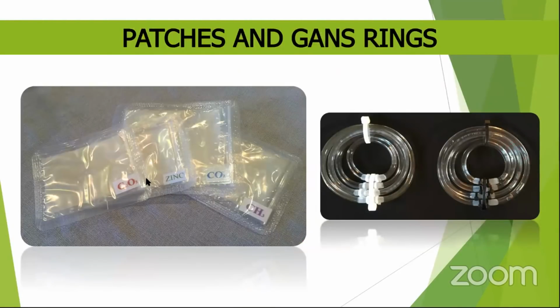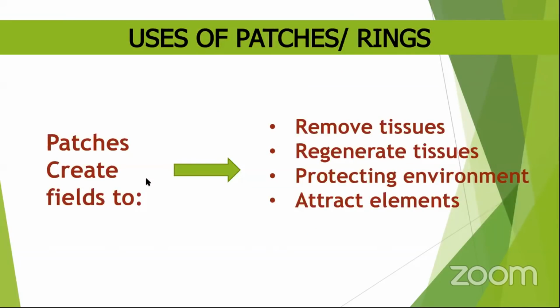Another thing: once you make those patches, you can use them as patches or in rings, and you will use them in different conditions. Let me give you an example, to understand these patches: with these patches you create a field that will help to remove or regenerate tissues in your body.